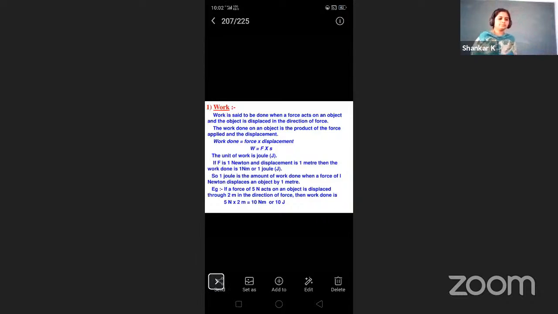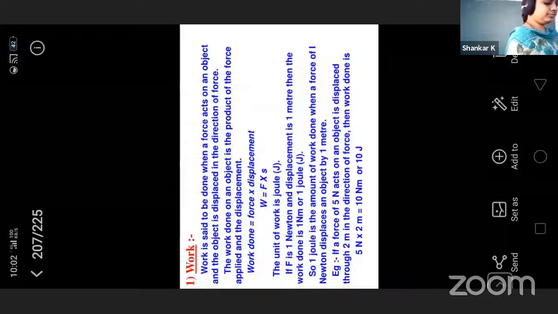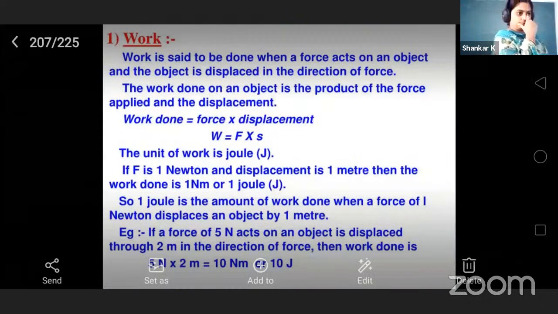Work is said to be done when a force acts on an object and the object is displaced in the direction of the force.